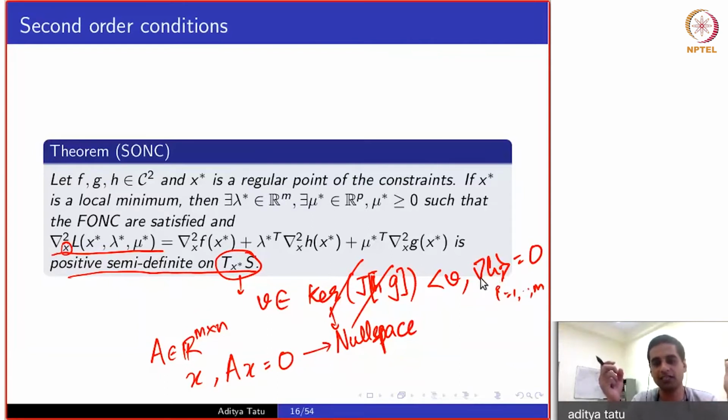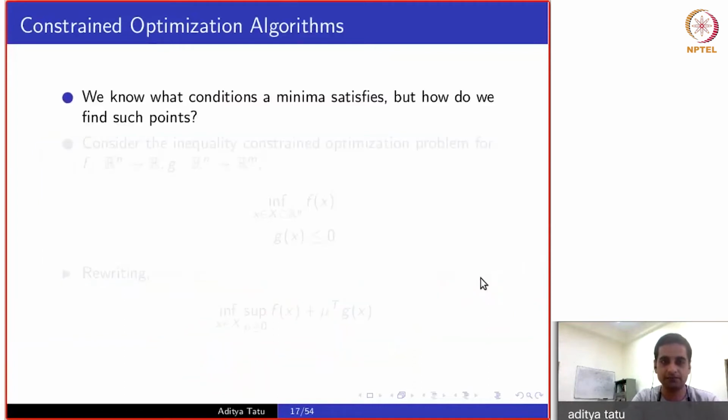If I go in a direction orthogonal to it, the value of h remains the same. So by going in a direction orthogonal to the gradient direction, I'm not going to violate the constraint. The dot product of the two vectors will be zero because they're orthogonal to each other. Okay, so that is the second order necessary condition.